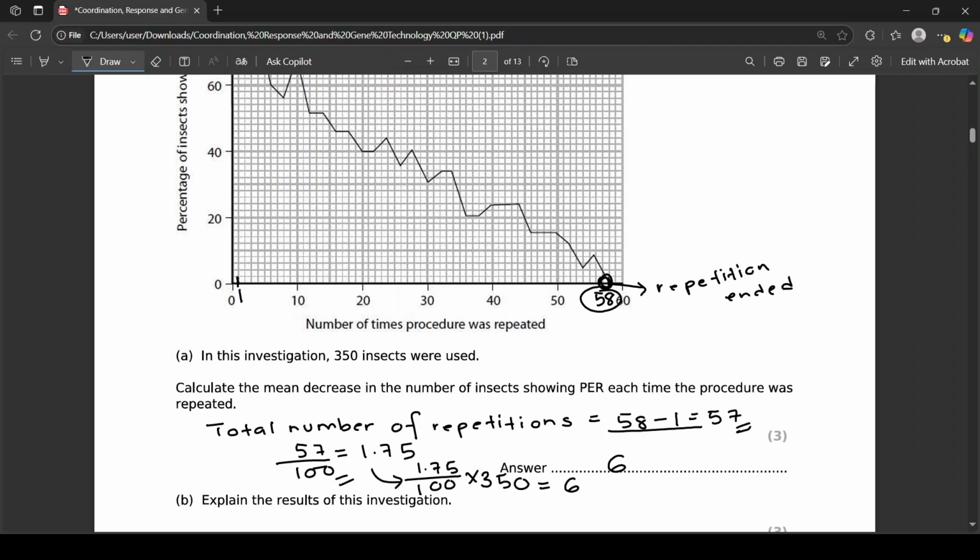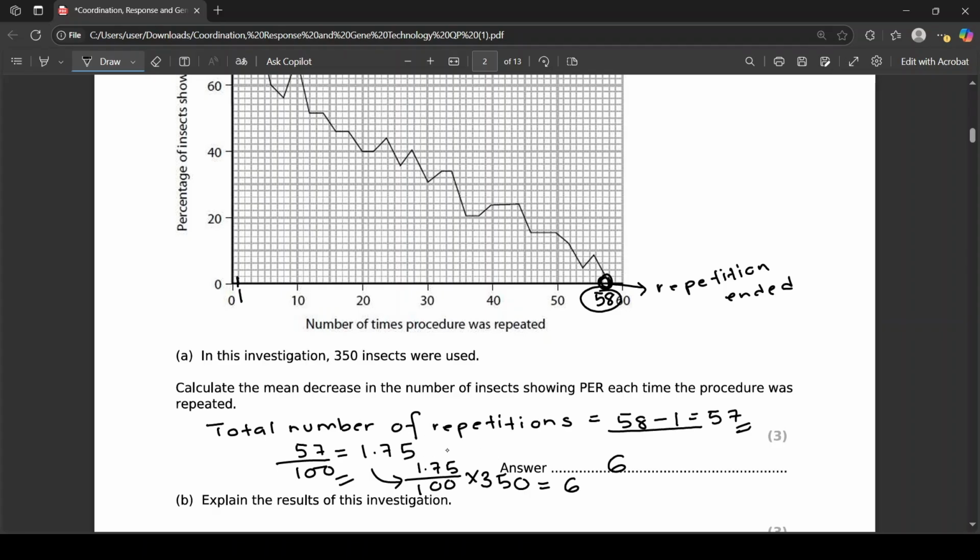So if our repetition occurred 57 times, we divide 100 by 57 and get a percentage drop of 1.75. Alright, as this happened across 57 repetitions. So essentially, every time the procedure was repeated, about 1.75% fewer insects showed PER.